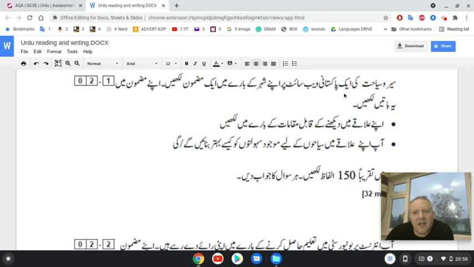So this is tourism, a Pakistani website. Again, I'm reading things wrong. So a Pakistani website about your city. Write an article about your city for a Pakistani website.